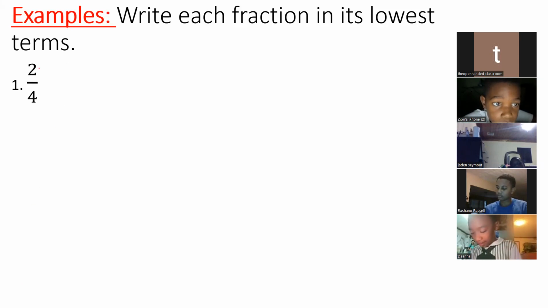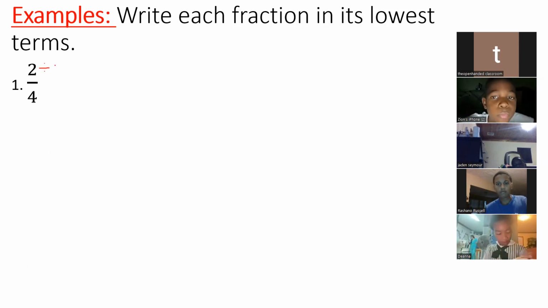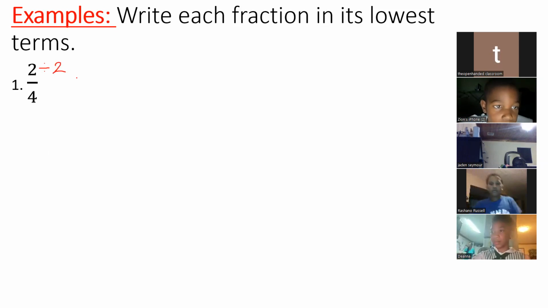So Zion, what is 2 divided by 2? 2 divided by 2 is 4. What? I didn't say 2 multiplied by 2.